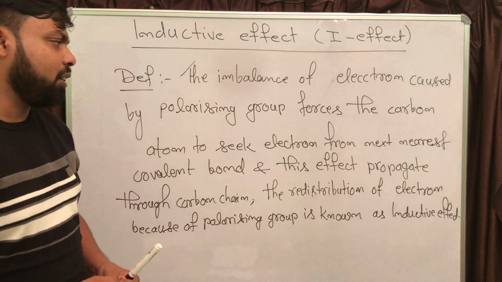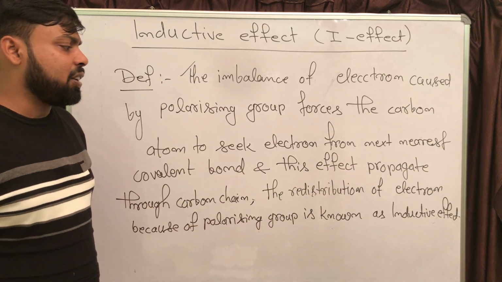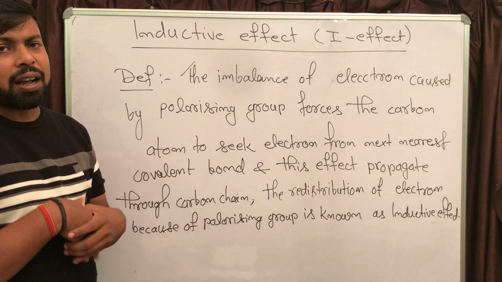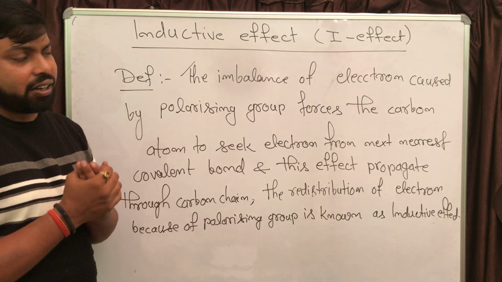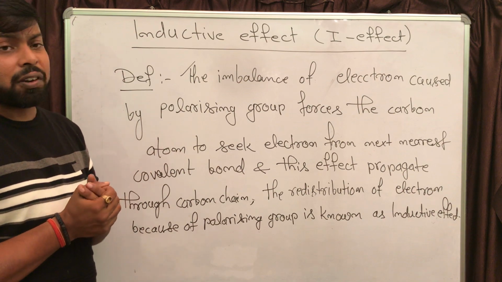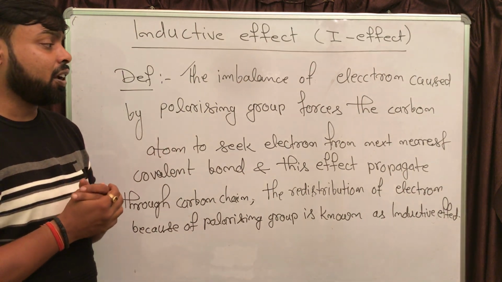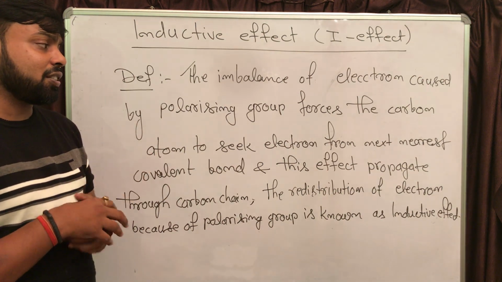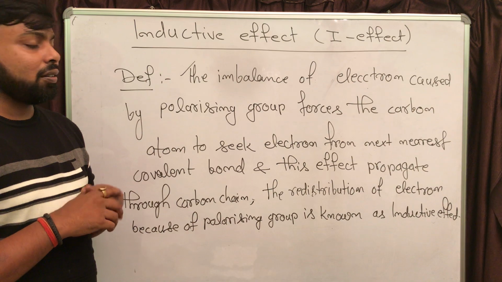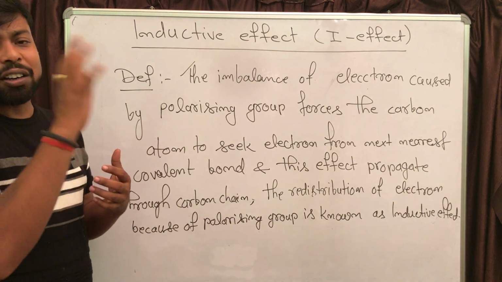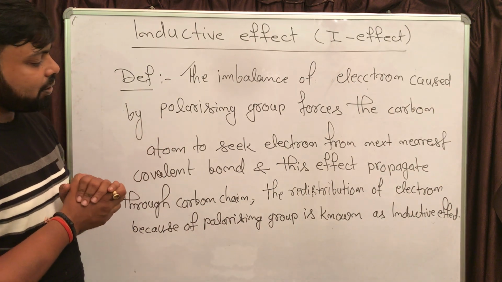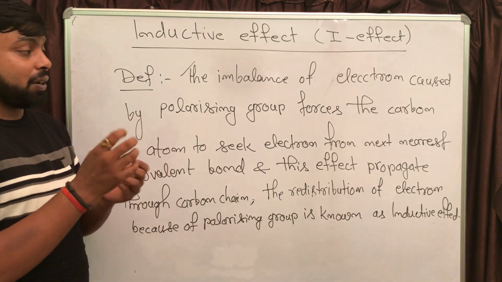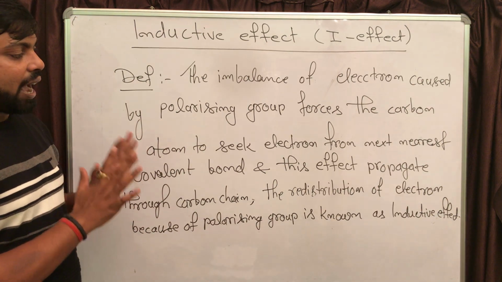We have seen in the example that if we are placing any polarizing group, that is going to pull electron from the alpha carbon, and then alpha carbon will become electron deficient. And then if alpha carbon is becoming electron deficient, it will seek electron from the next covalent bond which that carbon is having, and that effect is going to propagate through the carbon chain, and that redistribution of electron through the sigma bond which is taking place in the carbon chain is known as inductive effect.